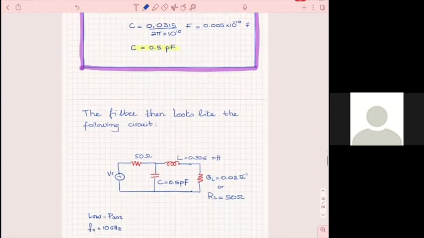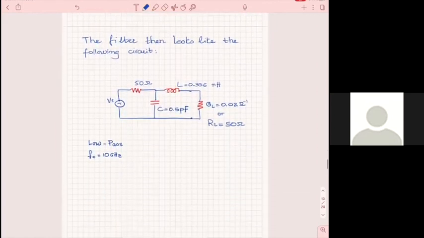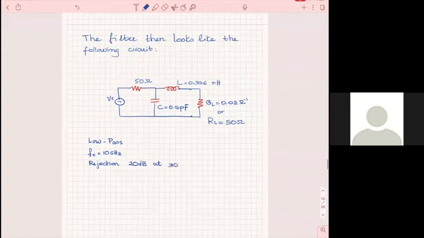So the rejection is 20 dB at 30 gigahertz, 3 times the cutoff, and the source impedance was 50 ohms. So this is your filter.